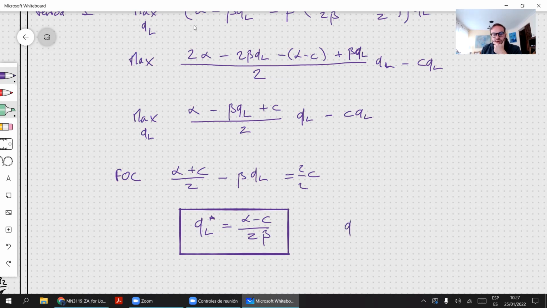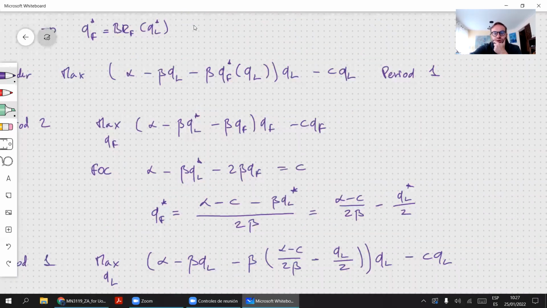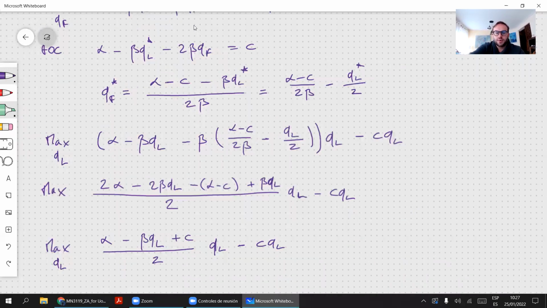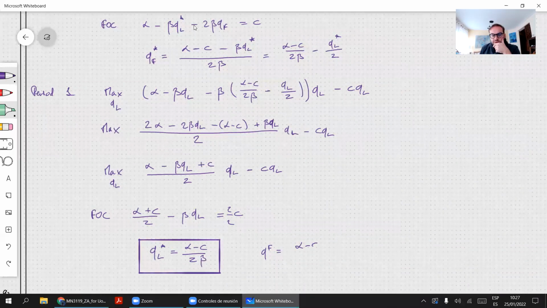Which means that for the follower, we had it here. So this is the follower. This is going to be alpha minus C divided by 2 beta minus half of alpha minus C divided by 2 beta.